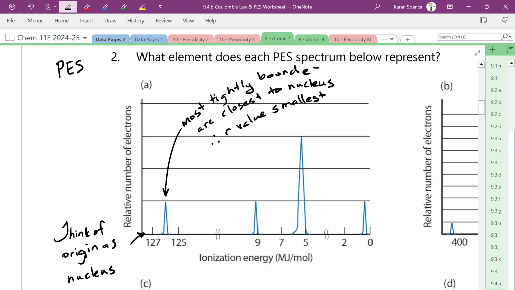Also, what's their Zeff like? Now we're not looking at an outer electron. We are looking at an electron that is, if I've got my nucleus here, on shell number 1.